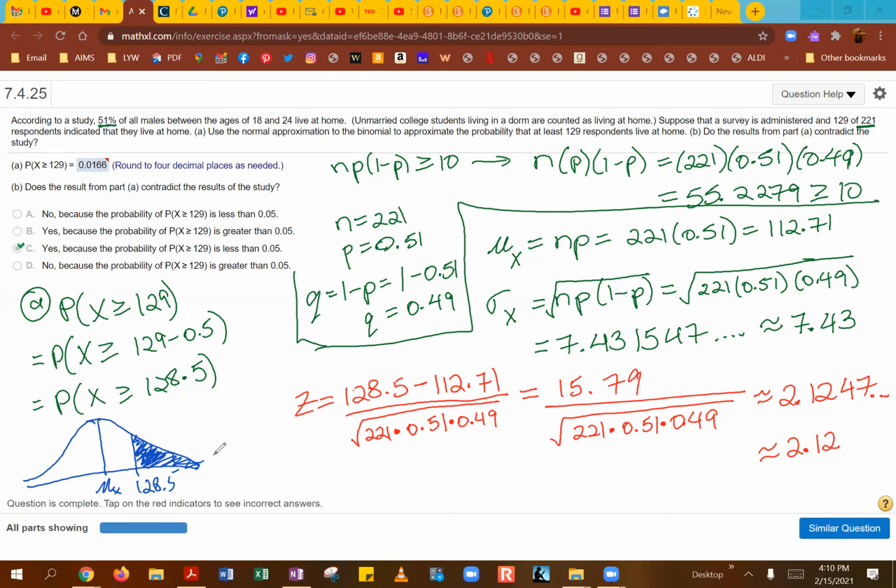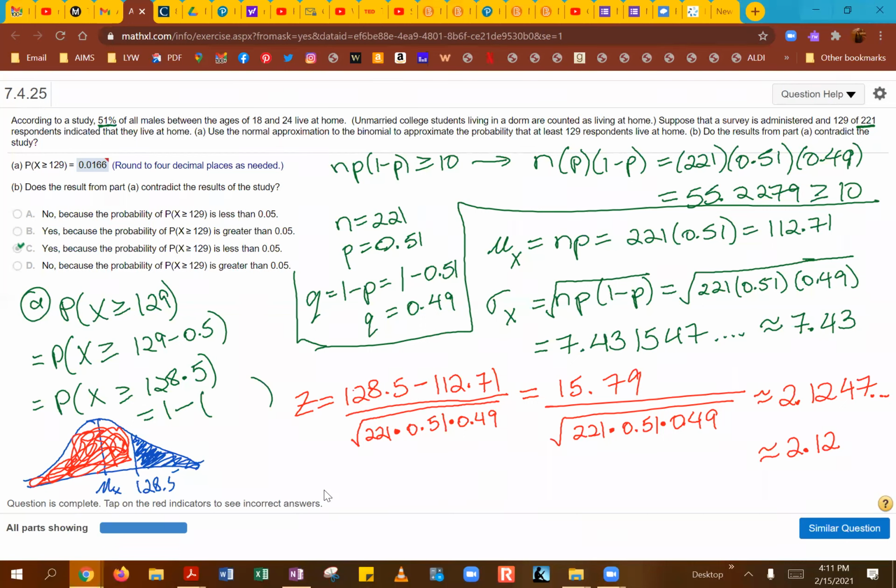But by default, our standard normal distribution table always gives you the area below that number, so it's always giving you the area to the left. So when you look up that z-score of 2.12 in your table, it's actually going to give you this area here, which is shaded in red. So to calculate the probability for our example, you will need to take 1 minus whatever this probability comes out to be. Let's go ahead and do that and take a look at what probability we're getting.